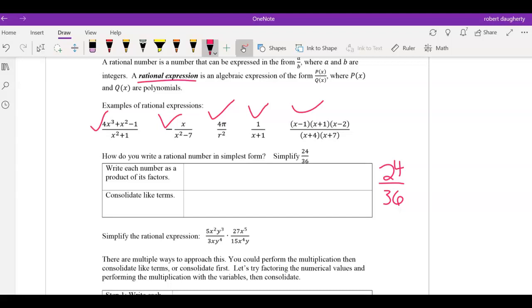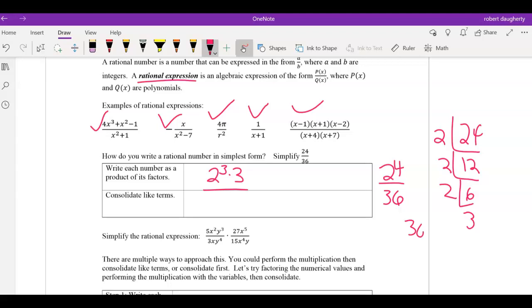So what are the factors of 24? If you don't know all of those, 24 can be divided by 2, and that gives me 12. I can divide that by 2, and I get a 6. Divide by 2, and I get a 3. So this is 2 cubed times 3. That's 24.